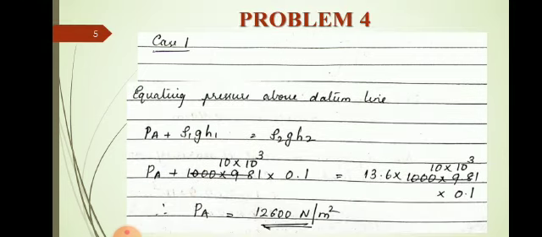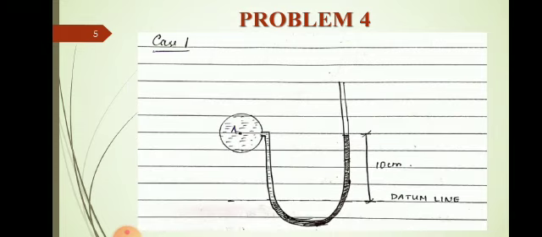Now how do you find out the pressure inside the pipeline? By equating the pressure above the datum line. So you have the datum line here. You can equate the pressure above the datum line. So what all pressures are there above the datum line in the left limb? This is the left limb.